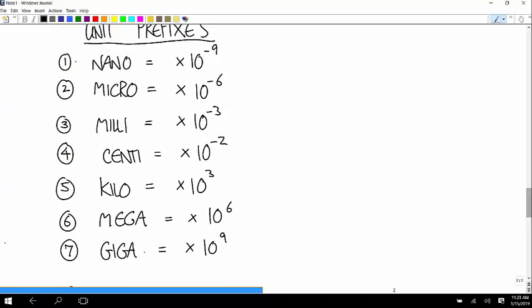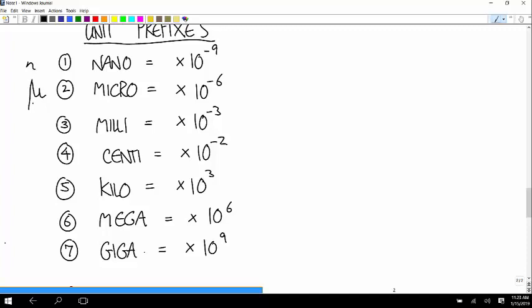And actually, let me give the abbreviations for these. I forgot to do that. Nano is lowercase n. Micro is the Greek letter mu. That's an easy one. If you get really good at remembering what Greek letters are called, people think you're smarter than you are.